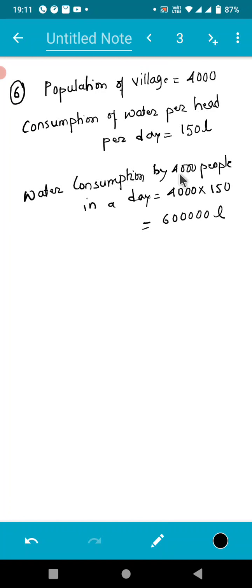That means in one day the population of a village consumes 6 lakh liters in one day only.